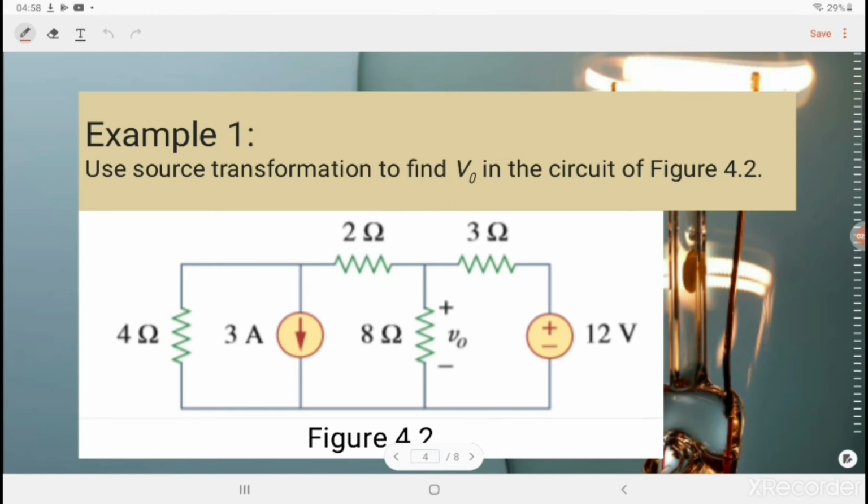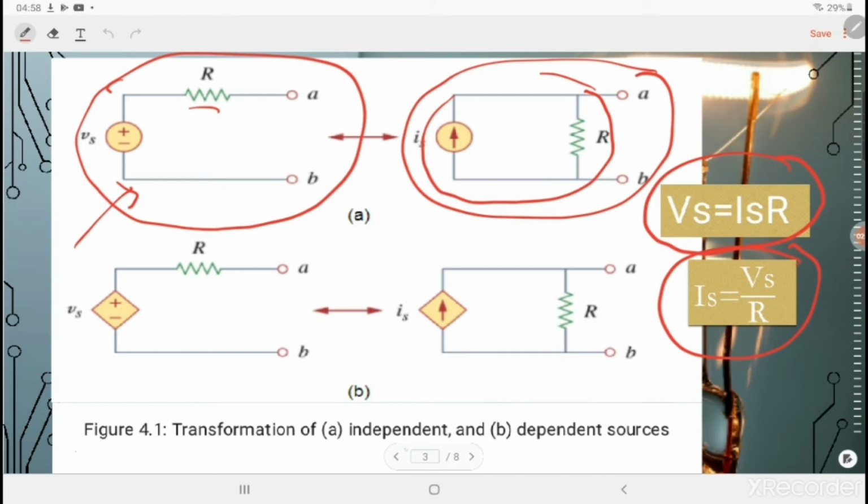The first one: the arrow of the current source must be directed toward the positive terminal of the voltage source. One more thing, the value of R cannot be 0, and also cannot be infinity. Next, we go to the example.